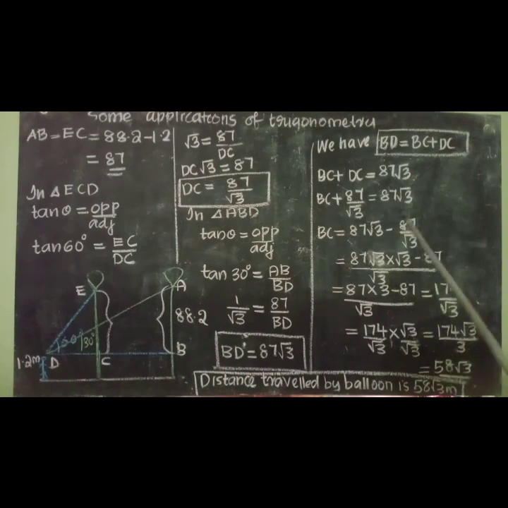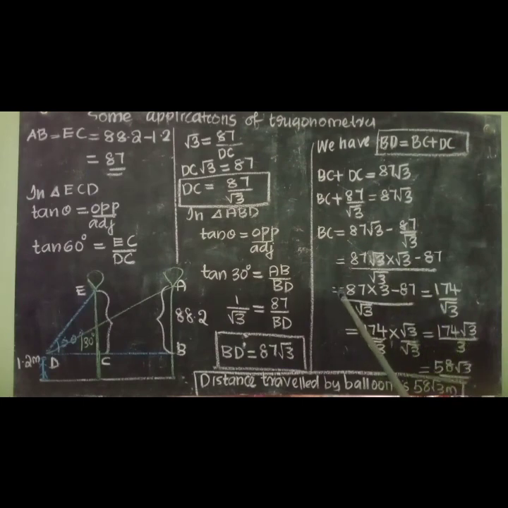To do this calculation, let us cross multiply. So we get that is equal to 87 root 3 into root 3 minus 87 whole divided by root 3. Then root 3 into root 3 is 3.